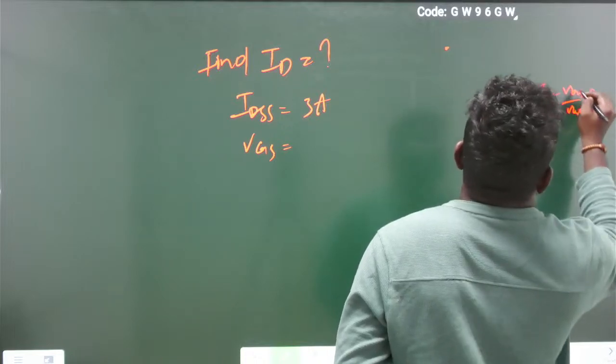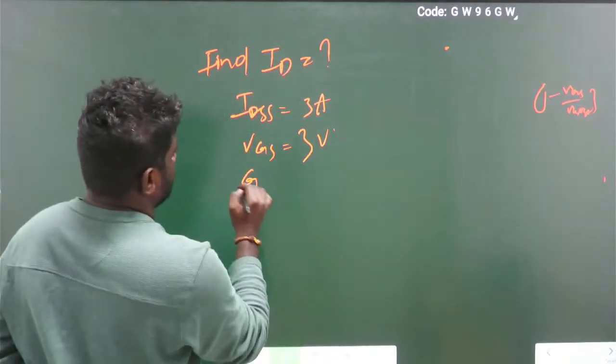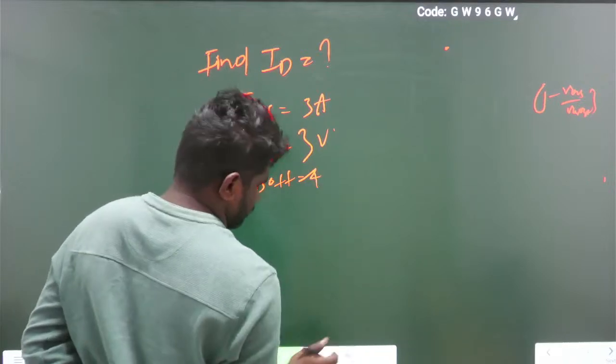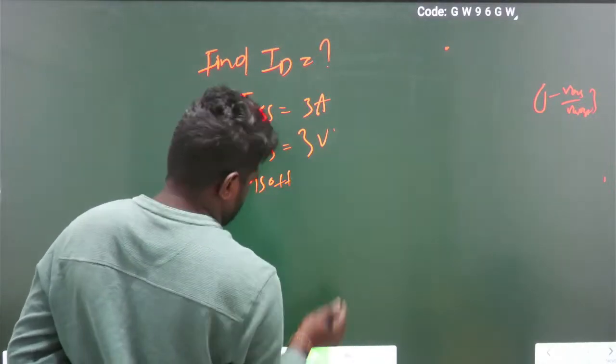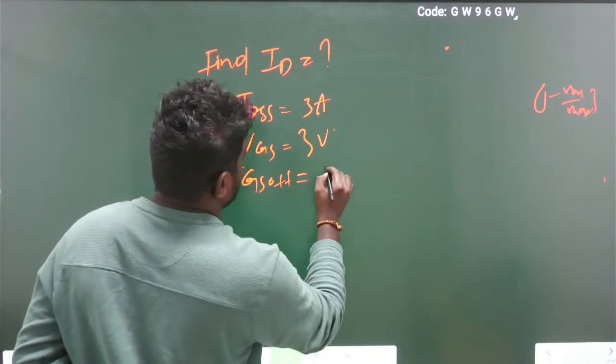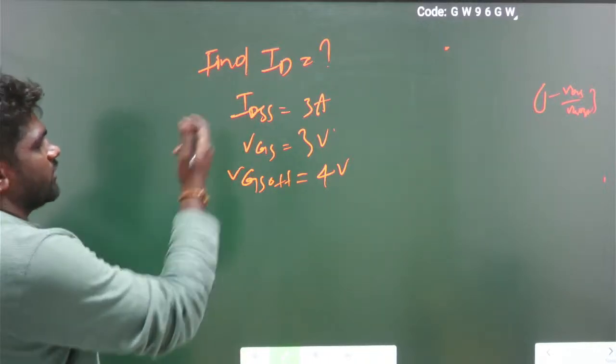So VGS is 3 volts, and VGS off is equal to some 4 volts that will be given.